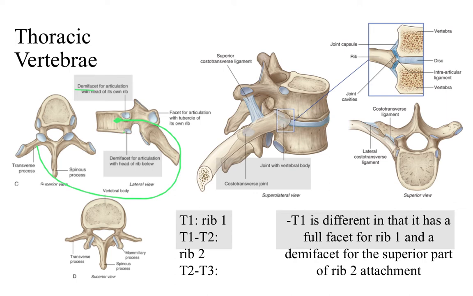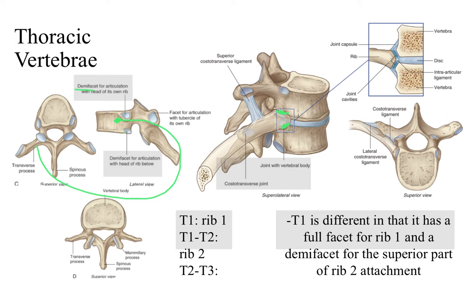What you need to realize is that the head of the rib has a superior portion and an inferior portion. The superior portion attaches to the inferior demifacet of the thoracic vertebrae, and the inferior portion of the head of the rib attaches to the superior demifacet of the vertebrae underneath it.